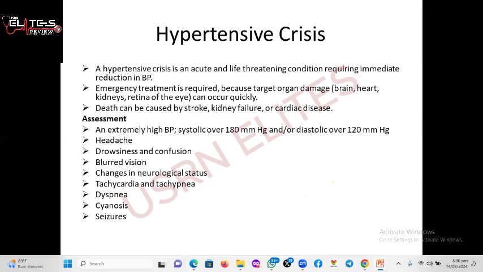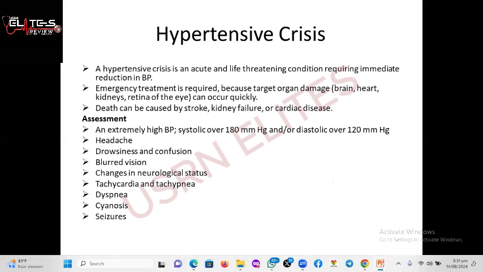But when it comes to blood pressure management, one thing is what we call permissible hypertension. In permissible hypertension, you don't drop the BP at a faster rate, especially when you are giving IV nitroprusside. Nitroprusside is a vasodilator that is used in managing hypertension, especially the crisis.